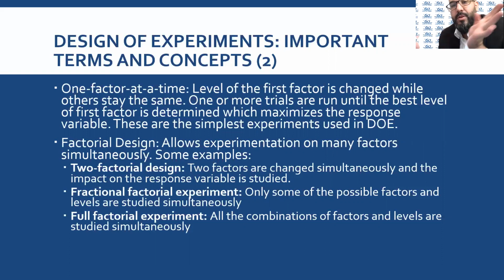Full factorial is when you study all of them at the same time, which is the hardest level. So the simple way to do the DOE is one factor at a time, and then you go with a two-factor factorial design, and then the third level would be the fractional, which means that you have three or more, and the full factorial, where you combine all the factors together.